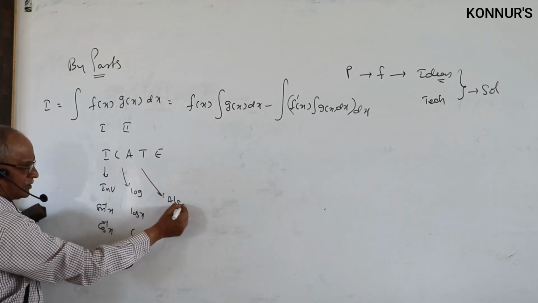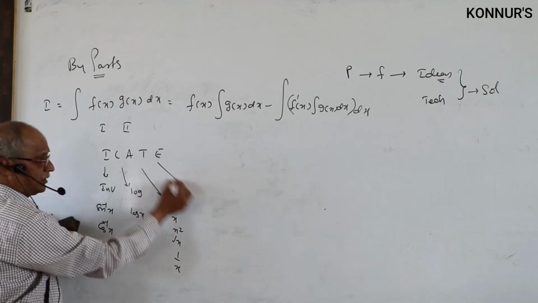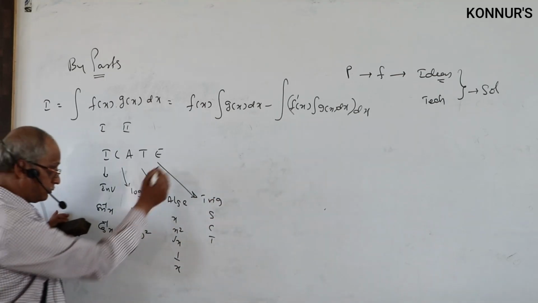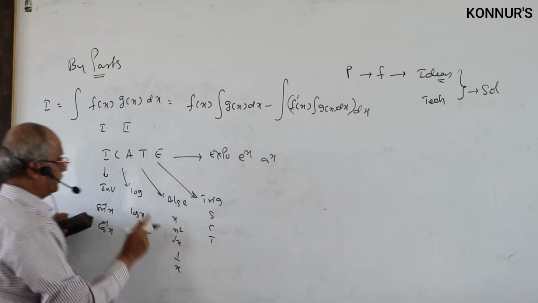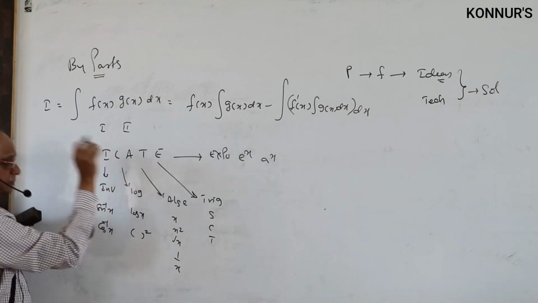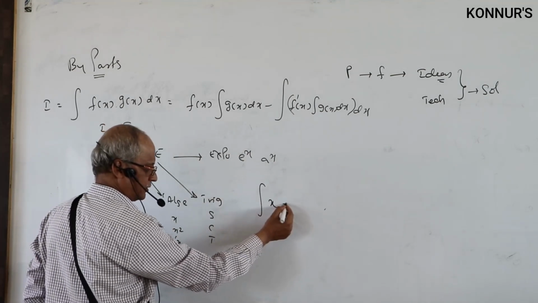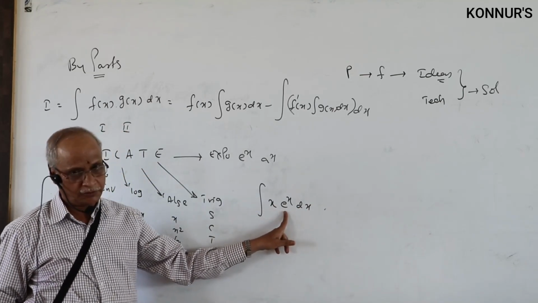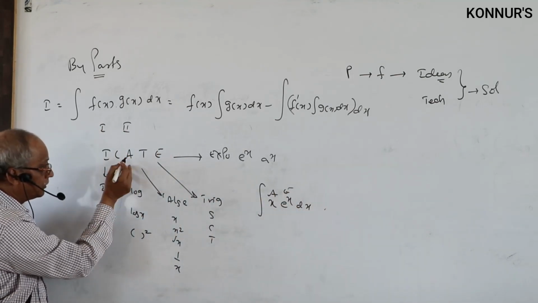A is algebraic functions, like x square, root x, 1 by x. T is trigonometric functions, all sin, cos, tan. E is exponential functions, e power x, a power x. According to this order of priority, whichever comes first is the first function. For example, in x e power x, the terms present are an algebraic function and an exponential function. In this order, A comes before E. Therefore, x must be the first function.